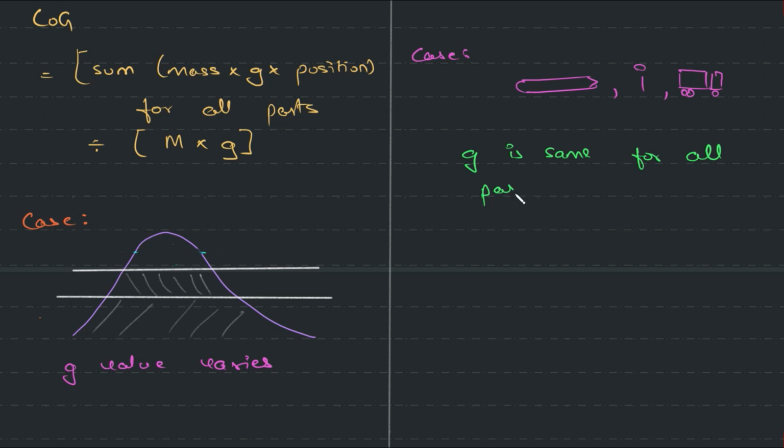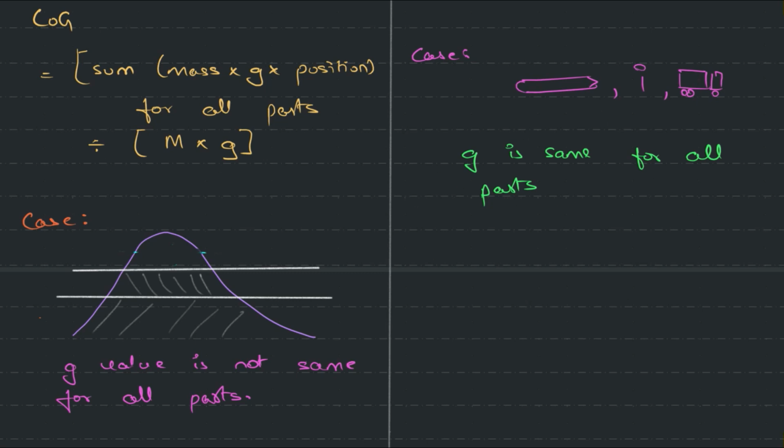I had to make that clear. For a mountain, the g value is not the same for all parts, while g is the same for all parts over here.